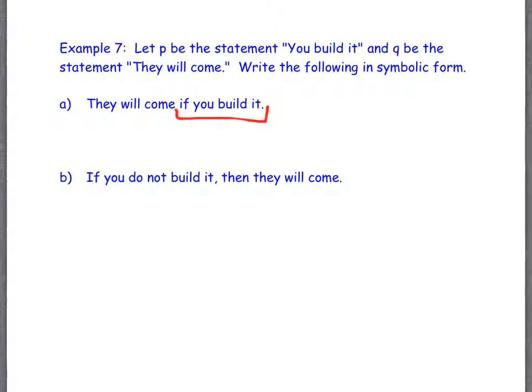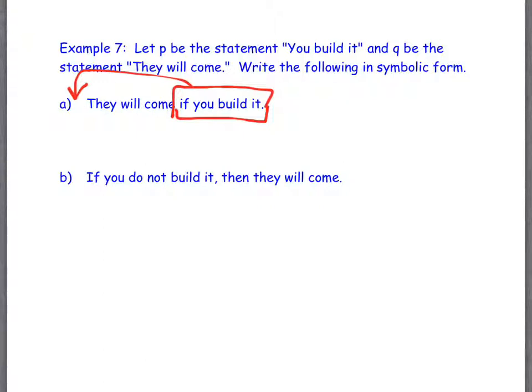It sounds like it's happening later on. It sounds like what they're doing is they're talking about the conclusion first. And in reality, they sort of are, but this is the if part. It's really the premise or the hypothesis of my statement. If you build it, they will come. We use the if-then this way sometimes as well.